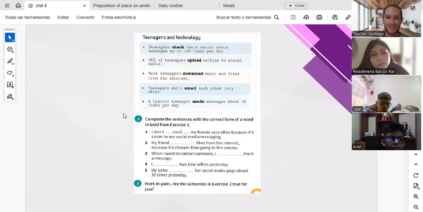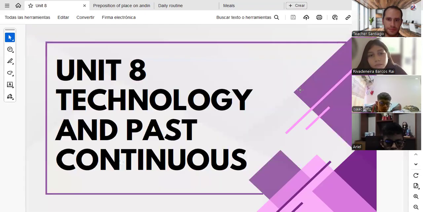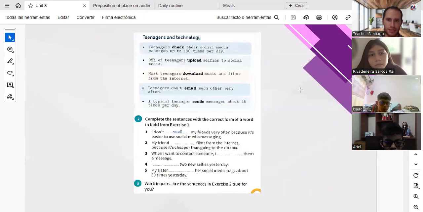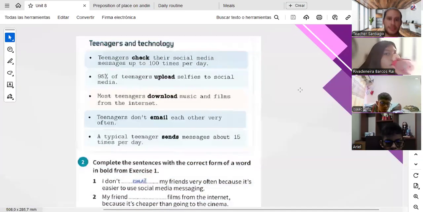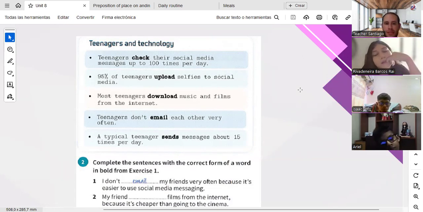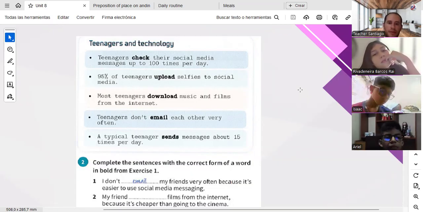Well done. So let's continue. Now let's check this. It says, teenagers and technology. Teenagers check their social media messages and apps 100 times per day. 95% of teenagers upload selfies to social media. Most teenagers download music and films from the internet.